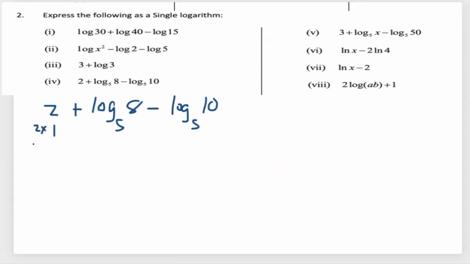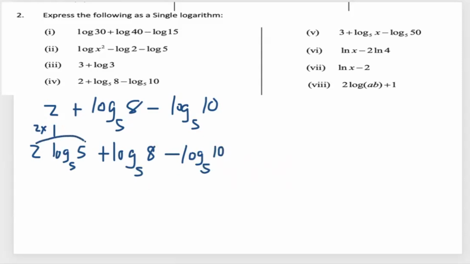So I'll have my 2 and then 1, because it's base 5, it's going to be log base 5 of 5. And I have plus log base 5 of 8 minus log base 5 of 10.